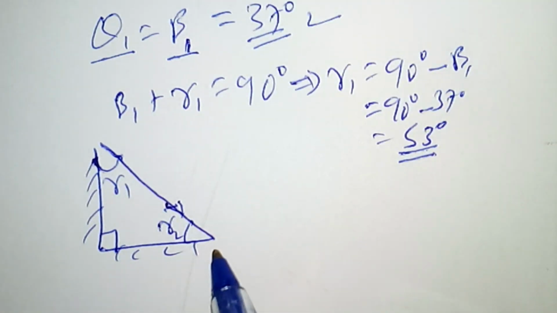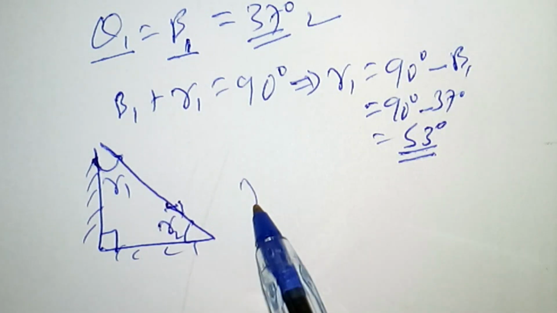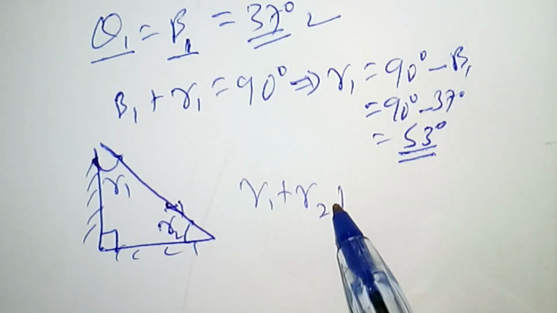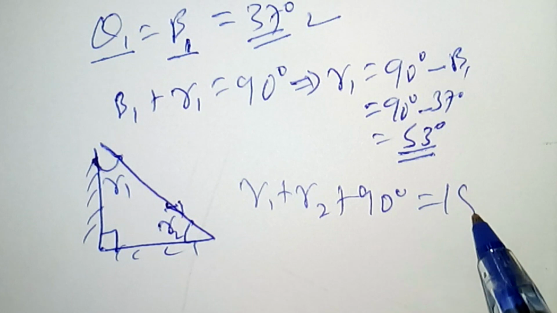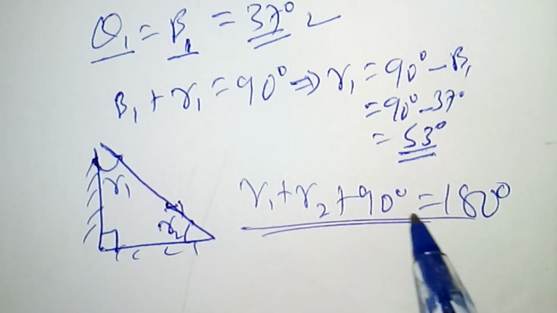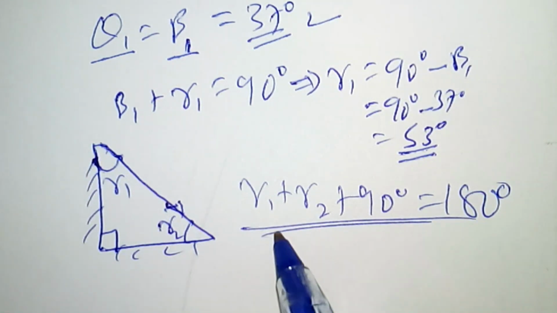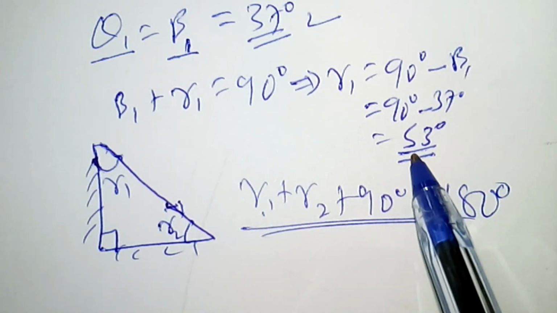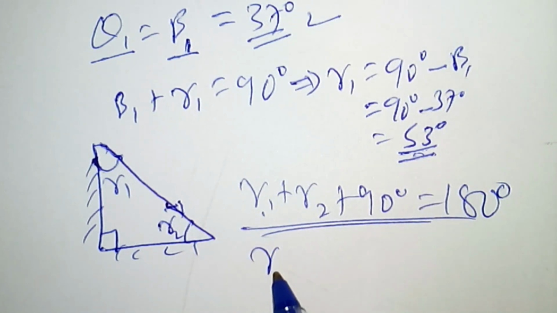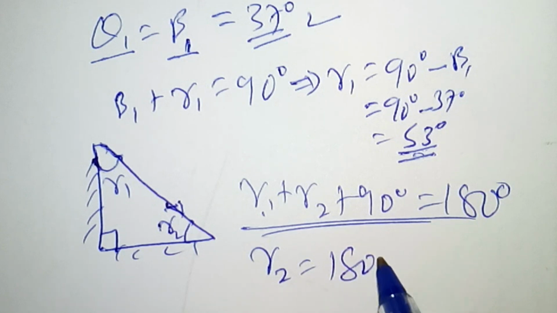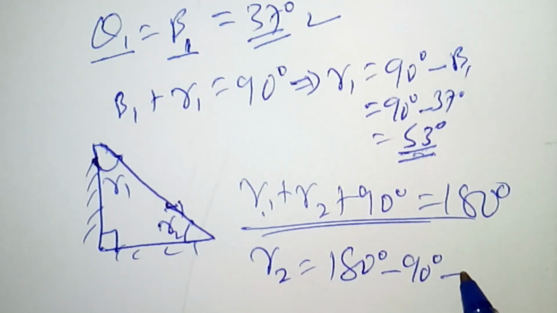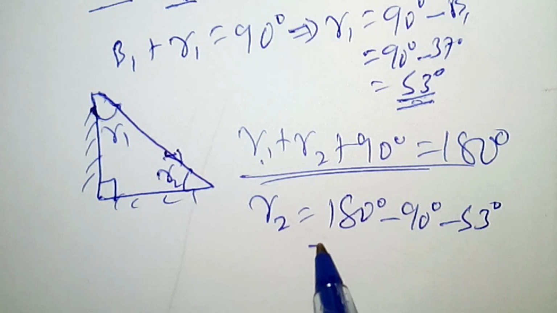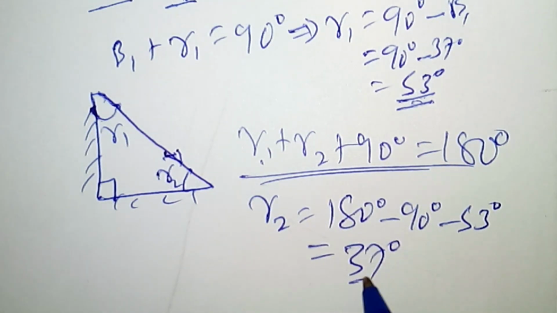From this triangle, we can see that gamma 1 plus gamma 2 plus 90 degrees equals 180 degrees, since this is a right-angled triangle. Gamma 1 is 53 degrees, which we have calculated, so gamma 2 becomes 180 minus 90 degrees minus 53 degrees, which is equal to 37 degrees.